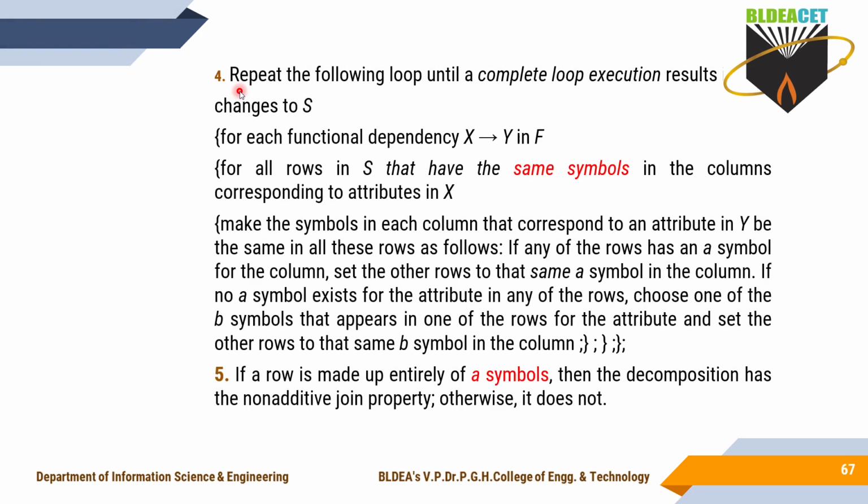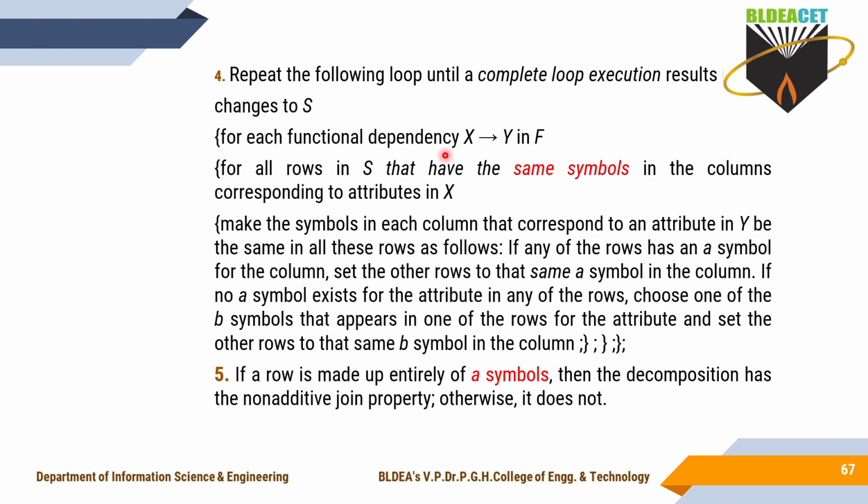Next is step 4. Repeat the following loop until a complete loop execution results in no changes to S. You repeat this procedure until the values of the matrix stop changing.